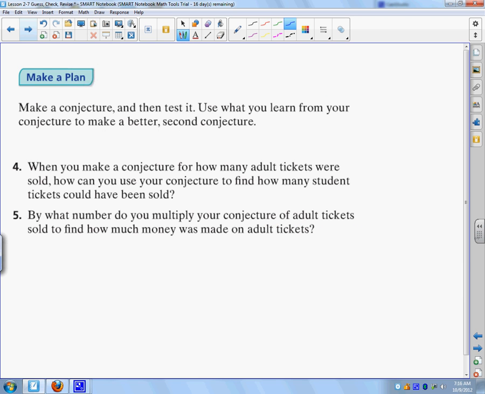Some key points. Now it says make a plan. Make a conjecture and then test it. Use what you learned from your conjecture to make a better second conjecture. So when you make a conjecture for how many adult tickets, remember a conjecture is an educated guess, so when you make a guess for how many adult tickets were sold, how can you use your conjecture to find out how many student tickets were sold? So pause the video and just make a guess.